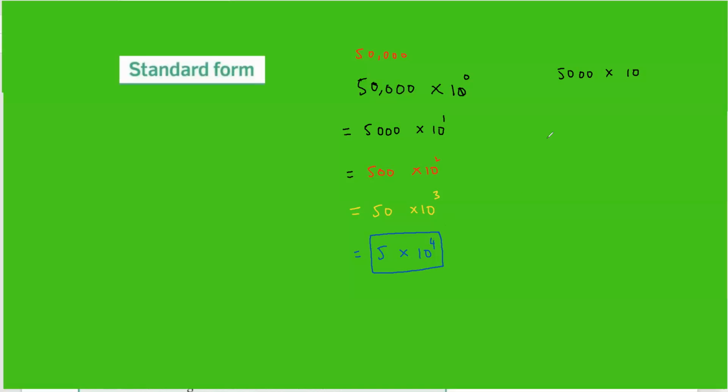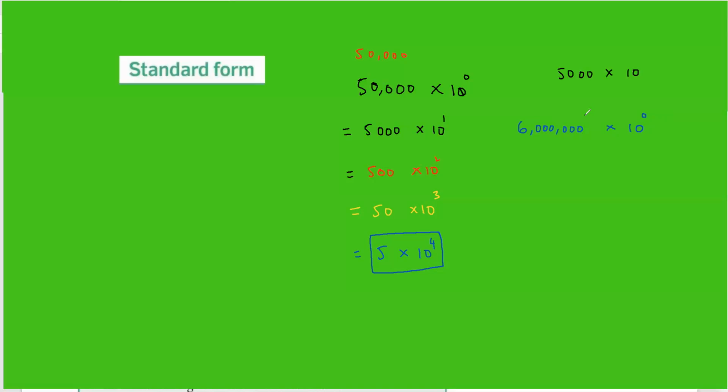The rule is that if you have, for example, 6 million and you want to write this in standard form, this is my own developed method: you write 10 raised to power 0. When you want to write this in standard form, you want this to be 6 into whatever.